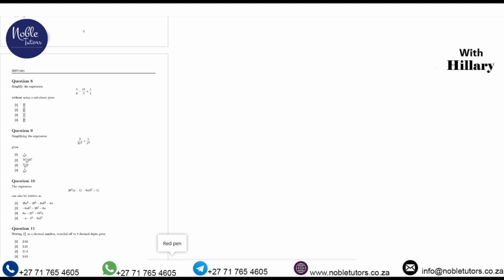For example, we have a question here which says 5 over 6 plus 11 over 3 times 1 over 4.